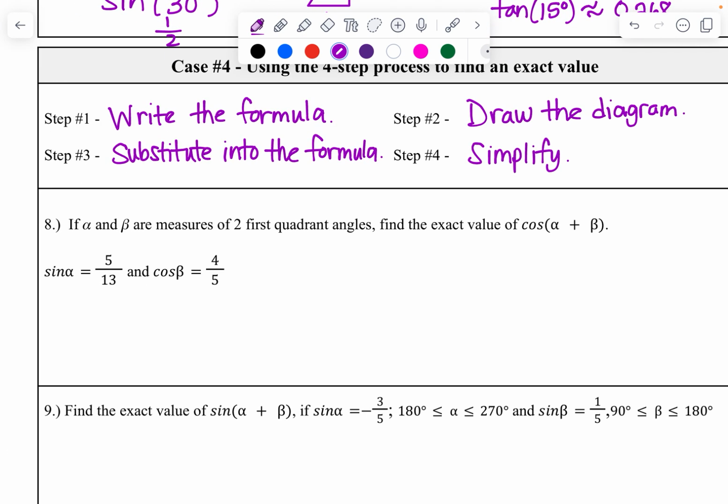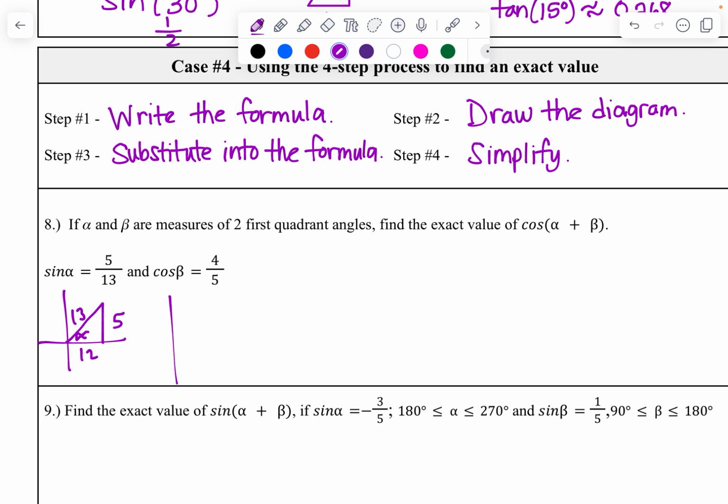So number 8 says, if alpha and beta are measures of two first quadrant angles, find the exact value of cosine of alpha plus beta. Okay, so they're both in the first quadrant. So if I draw this here for alpha, sine is opposite over hypotenuse. So this is a 5, 12, 13 right triangle.